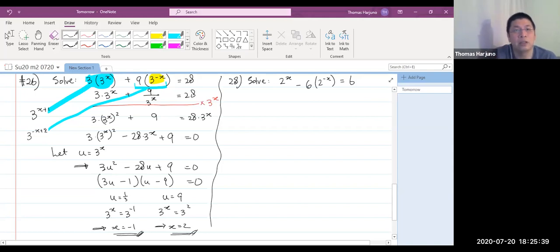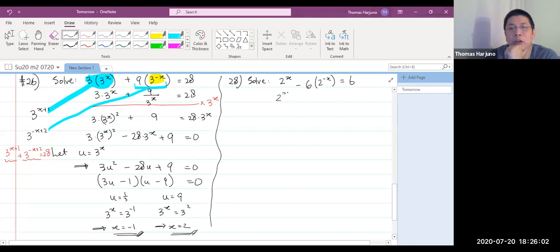So imagine if they ask you this question, 3 to the x plus 1 plus 3 to the negative x plus 2 equals 28. You basically need to rewrite this term here and then rewrite this term first. Okay. Now let me go back to number 28.